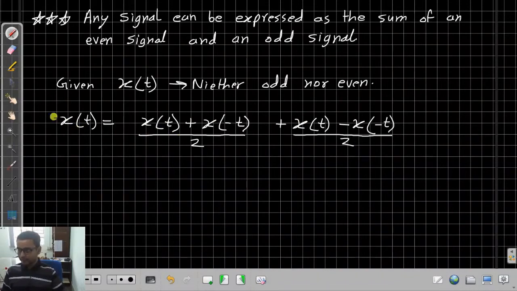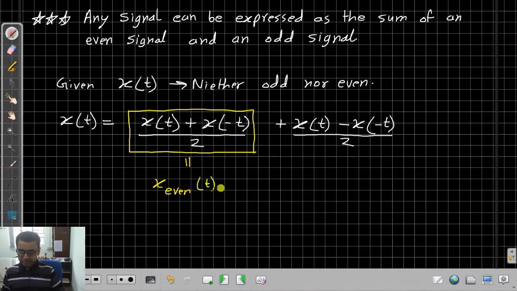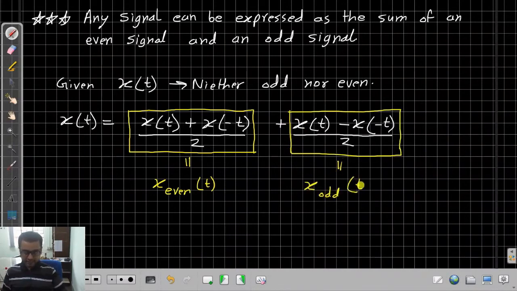Now let me call this part x even of t. This is a function of time, and I am giving this function the name x even. Similarly, I am giving this function a name x odd of t.